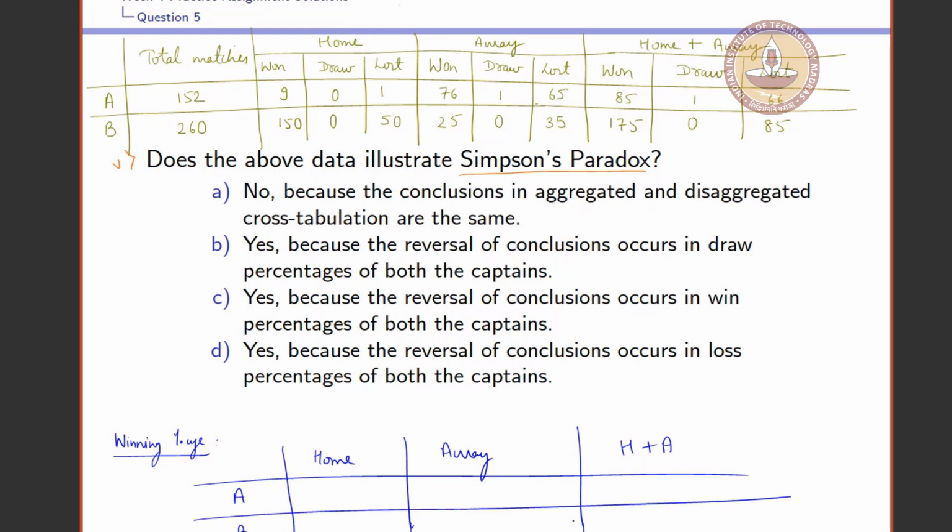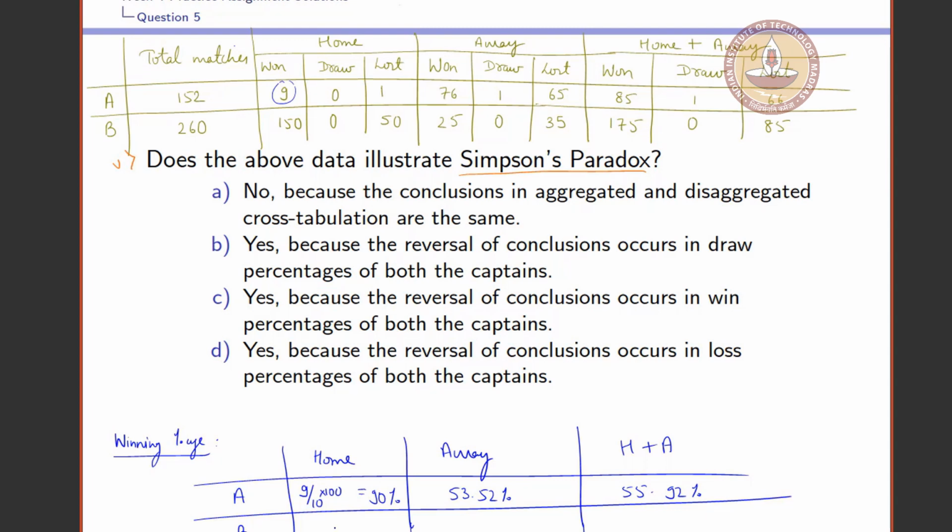So the winning percentage of Captain A in home matches: the total number of matches won by Captain A in home is 9, so this is 9 by 10 into 100, that is 90%. Similarly, for away matches, the winning percentage of Captain A is 53.52% and the total is 55.92%.